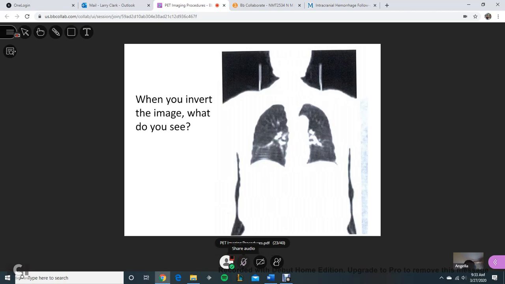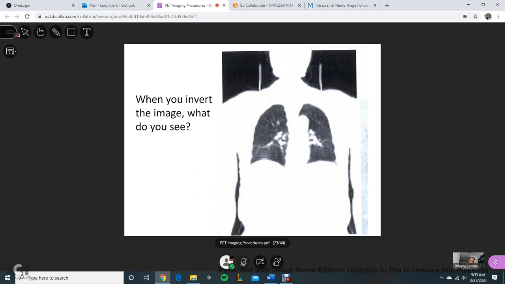Wouldn't they look photopenic? Yeah, because it's air. Does that make sense? When you go back a couple of slides up and you look at the lung pictures, they are clear, or I should say photopenic.